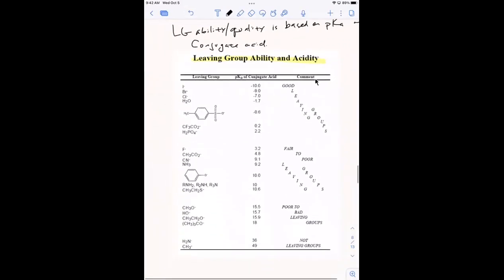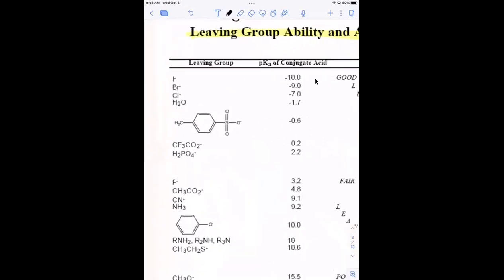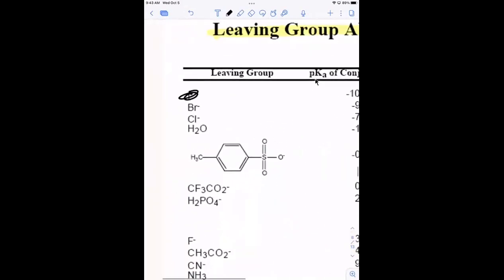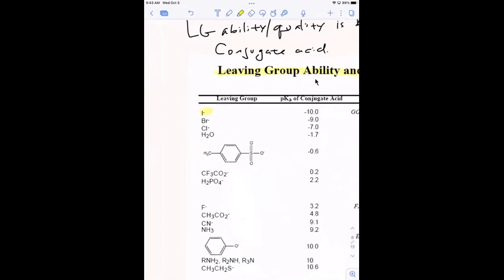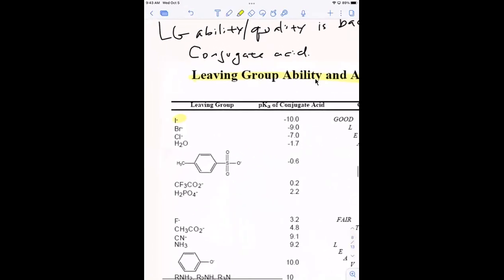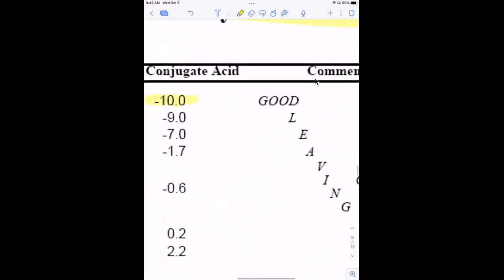Right, so here is a list of leaving groups. You can see right here, iodine is an excellent leaving group. It's at the top of the list, and there's a reason for that. If you look at the conjugate acid of iodide, which is HI, it has a pKa of -10.